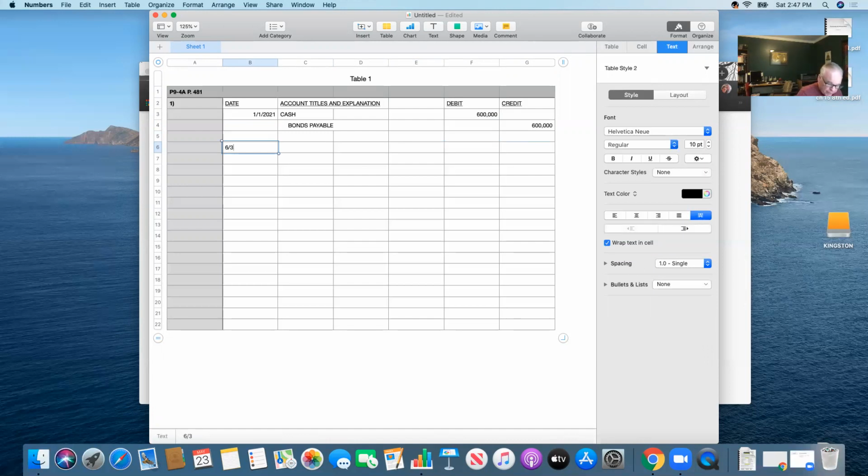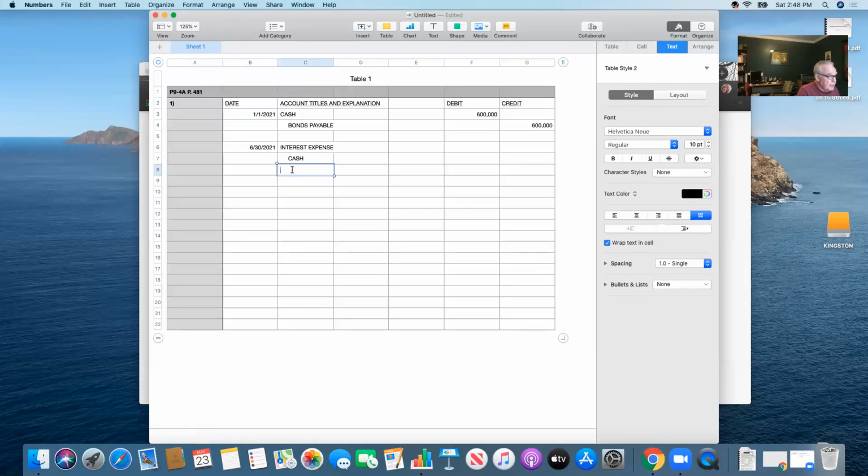Now we're going to make the first interest payment. We're going to debit interest expense and credit cash.